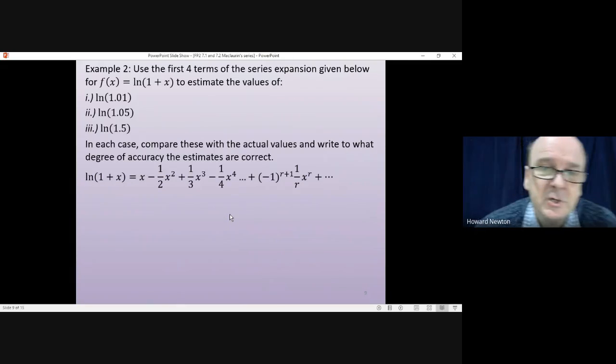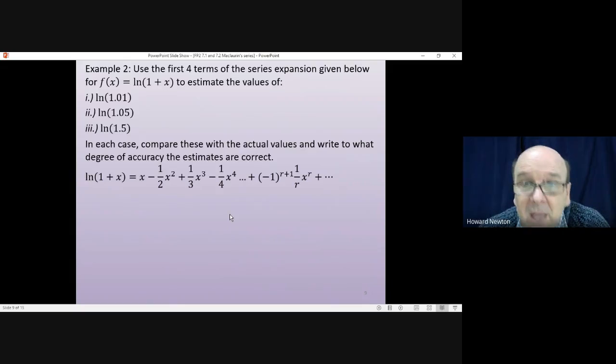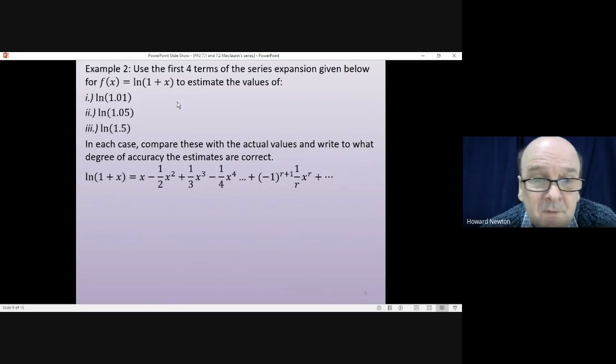Okay, example 2 is one of the applications of these infinite series, which is to find estimations, to whatever degree of accuracy you want, of specific values of a function. So this time, using the first 4 terms of the series expansion for log 1 plus x, given there, estimate the values, first of all, of the log of 1.01, then log of 1.05, then log of 1.5.